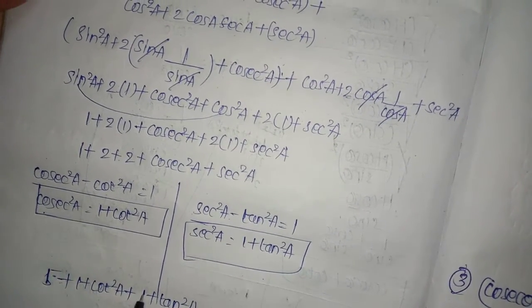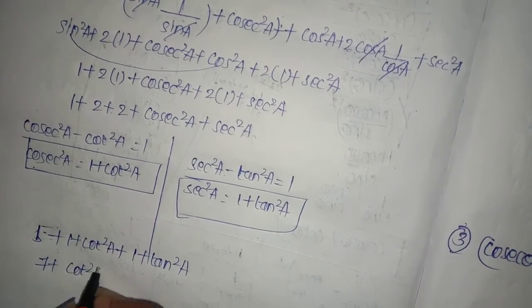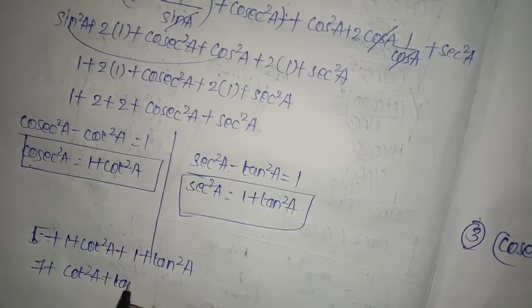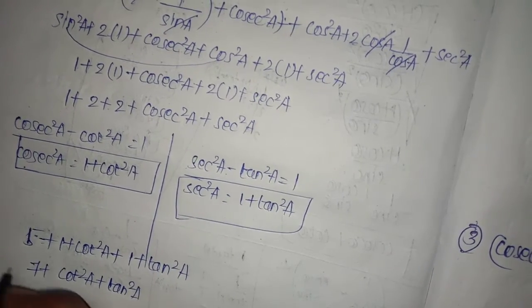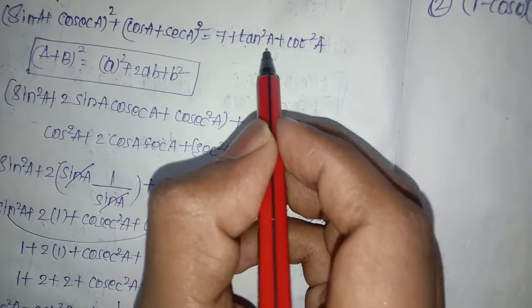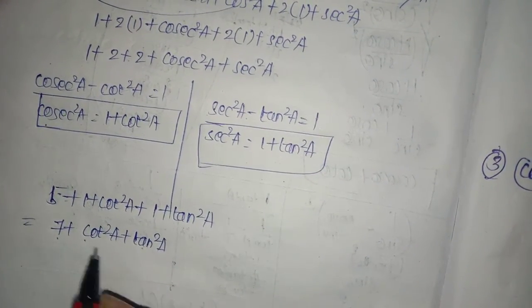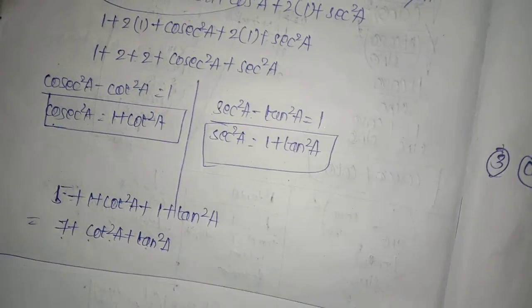So 5 plus 2, that is 7, plus cot square a plus tan square a. They asked us to prove 7 plus tan square a plus cot square a. We got the answer 7 plus tan square a plus cot square a. So this is the answer.